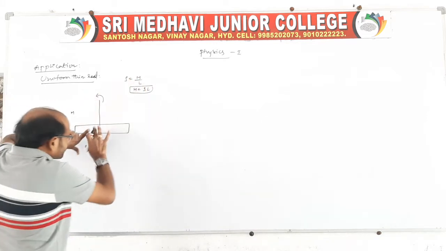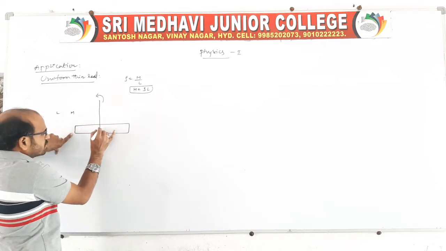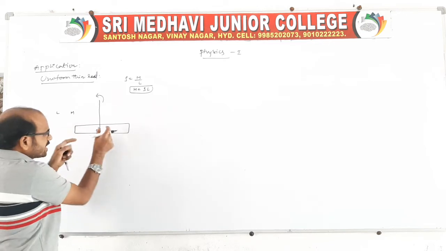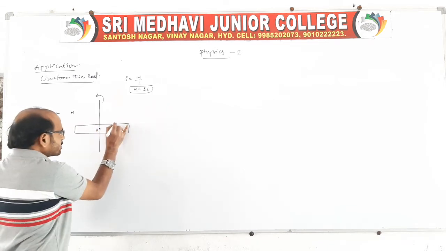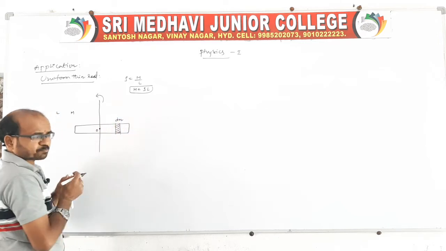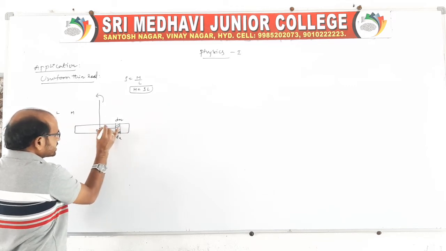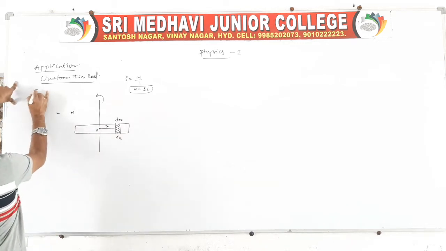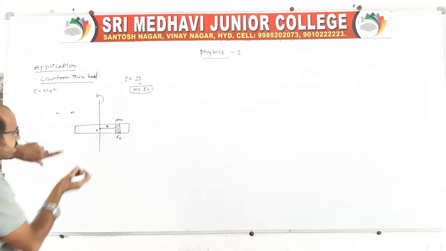Now we have to find the moment of inertia from one end to the other, but the axis is passing through the center O of the rod. Let us divide the total rod into small strips. Take one very small strip of mass dm and thickness dx, located at a distance x from the center. In general, moment of inertia is m into k square, the perpendicular distance squared.